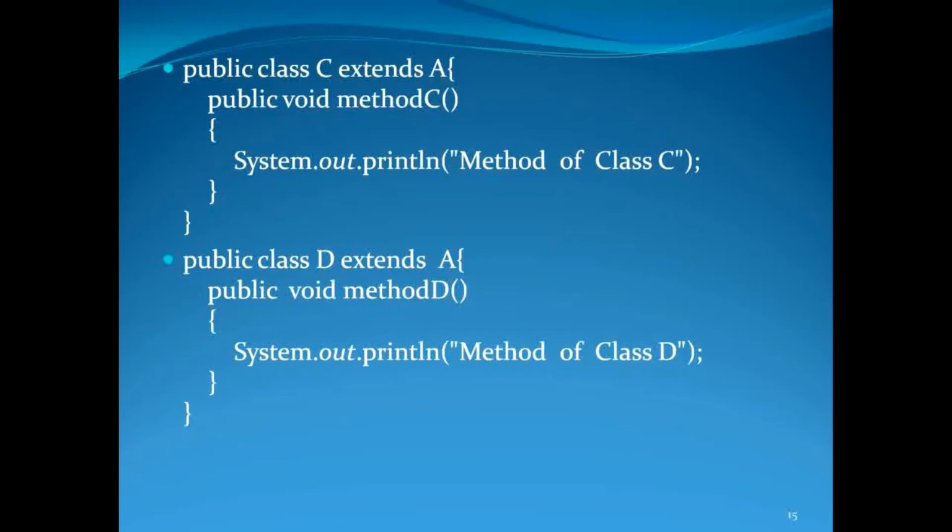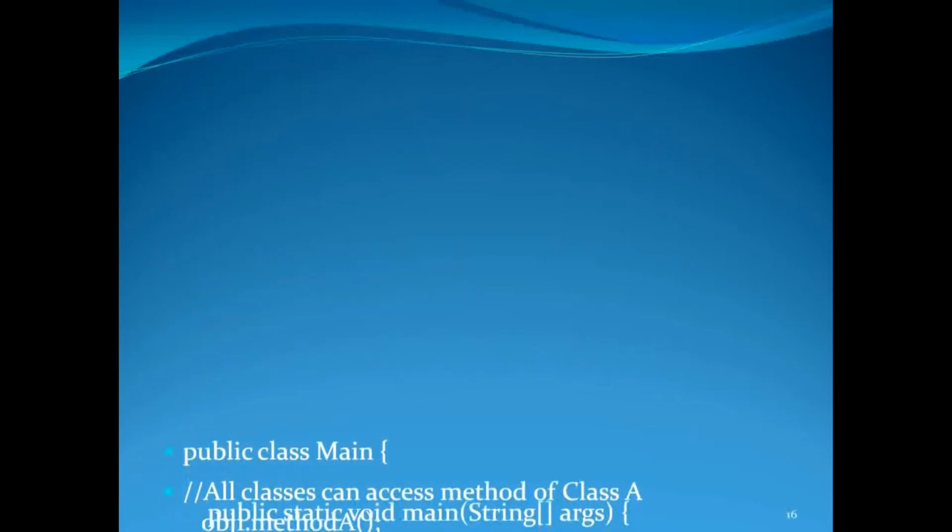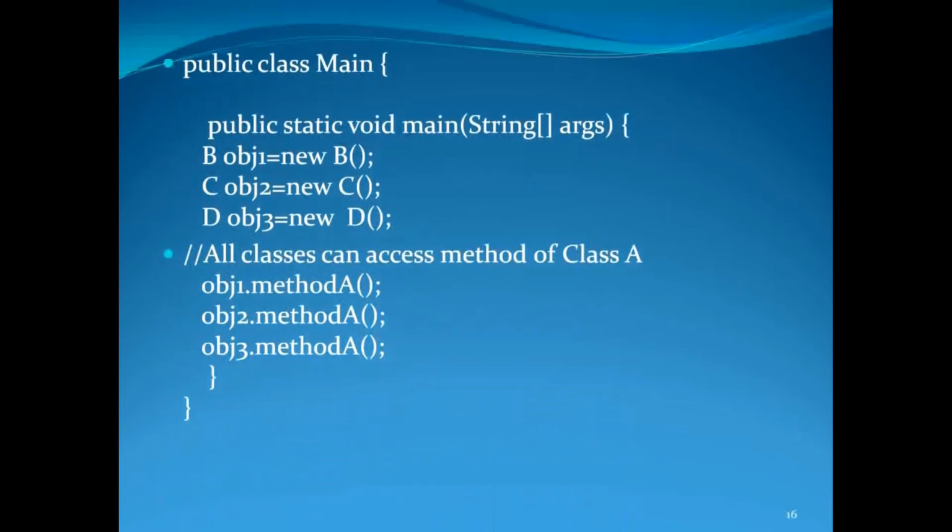It takes the method of class A by the use of the extends keyword. Then it has its own method, that is method D. Here the computation takes place, and so all classes can access the method of class A.